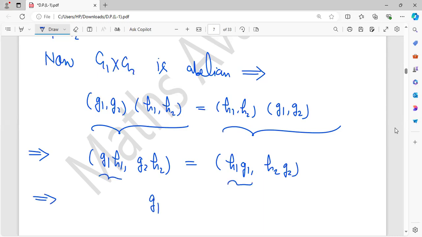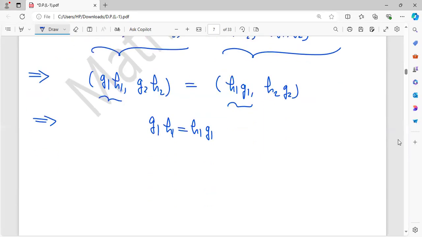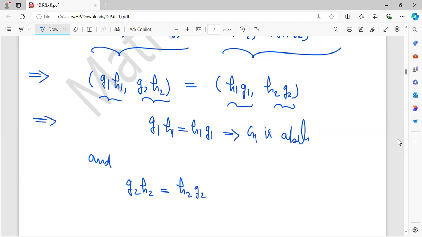So g1h1 will be h1g1. Okay. And this part will be equal to this part. So g2h2 is equal to h2g2. So this implies G1 is abelian, and this implies G2 is abelian. Okay. So we are done.